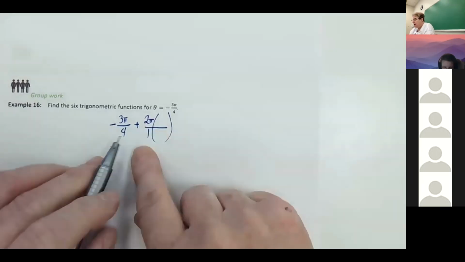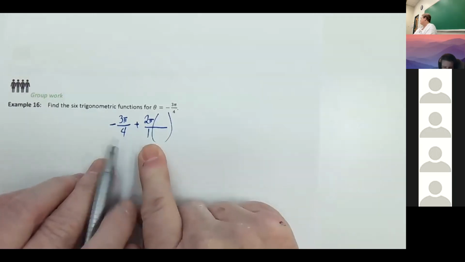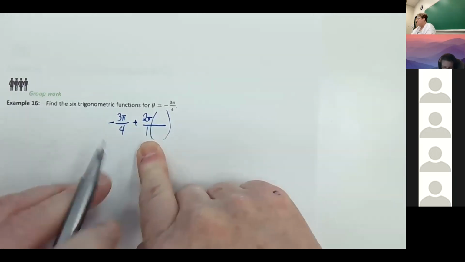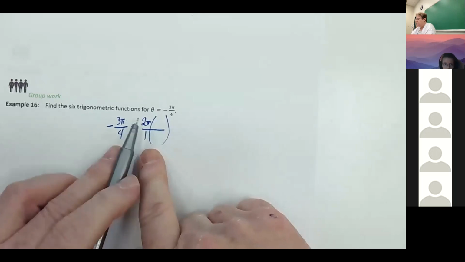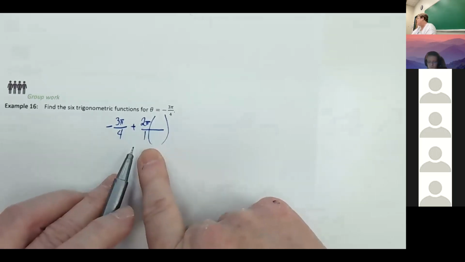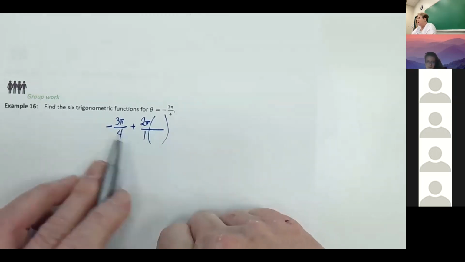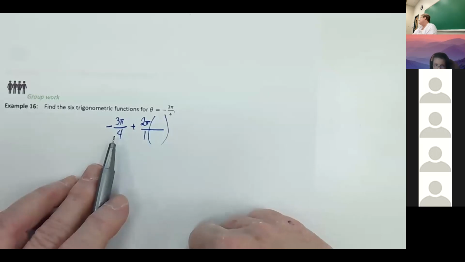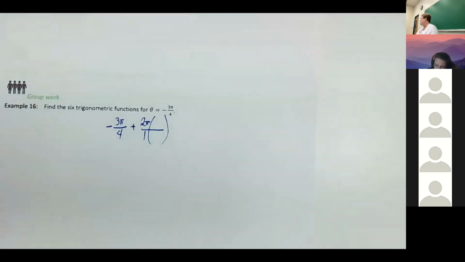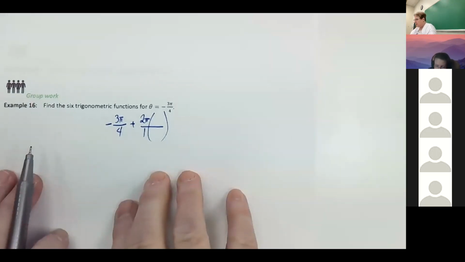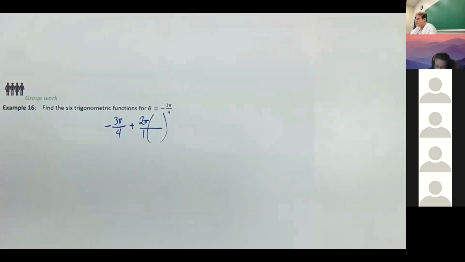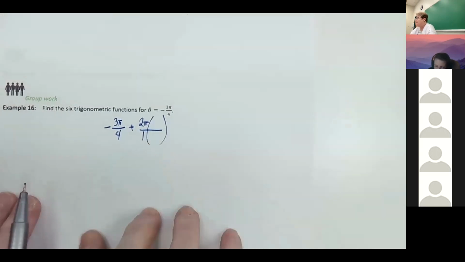Because I'm going to combine it with a fraction. That's not silly. So instead of 2 pi, I'm writing 2 pi over 1 because I know I'm going to have to add a fraction. I'm just writing it so it looks like a fraction. That's a good question. And what is the common denominator?